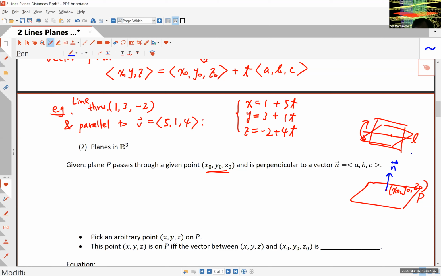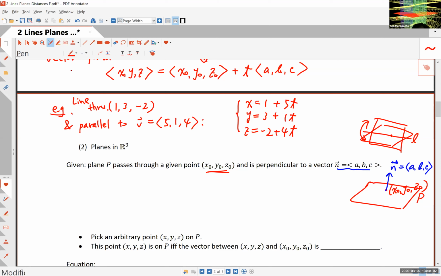Once you are given a normal vector and a point x0, y0, z0 on the plane, then those will uniquely determine the plane. Now you are ready to write the equation. And by the way, let n be ABC. Okay. All right. So how do you write the equation of this plane?